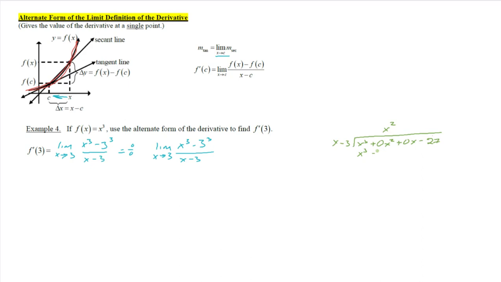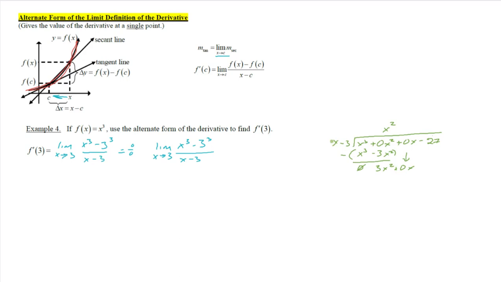Should pay more attention to my signs. So minus 3x squared. We'll go ahead and subtract this out. That's going to give us 0 here, and this becomes a positive 3x squared, so we have 3x squared. So we bring down our 0x, and we do it all over again.